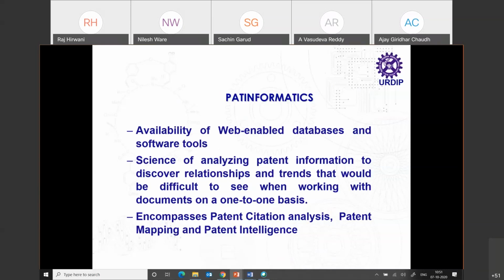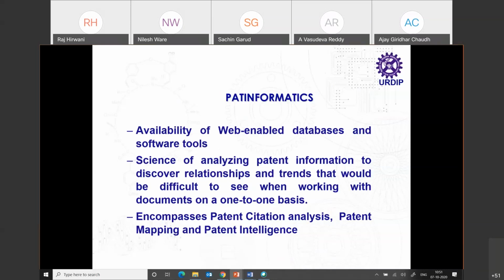Each patent office has a very nice database. You go to the UK patent office, you get UK patents. The Indian patent office has an Indian patent database. The European patent office has gone ahead and created a worldwide patent database. So it is all available on the web.